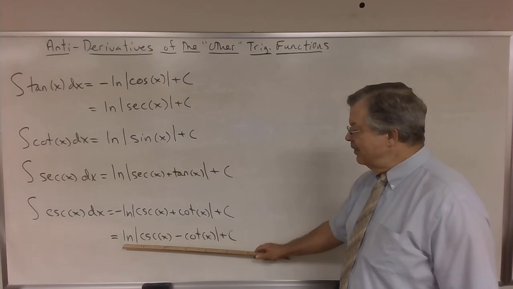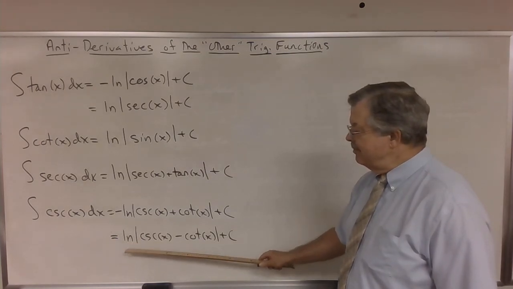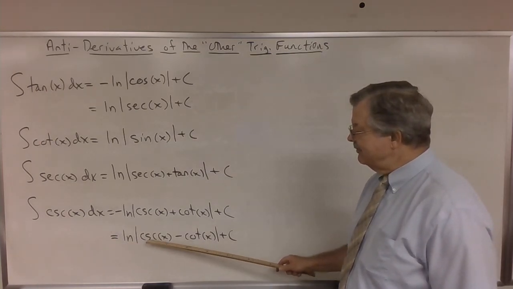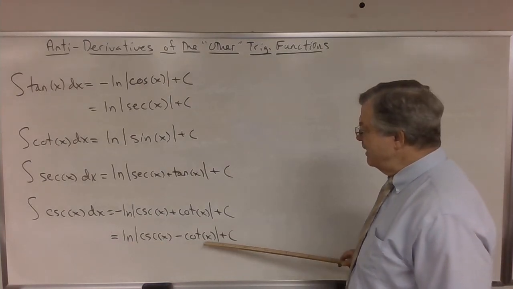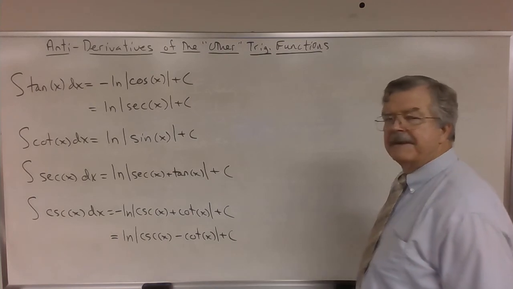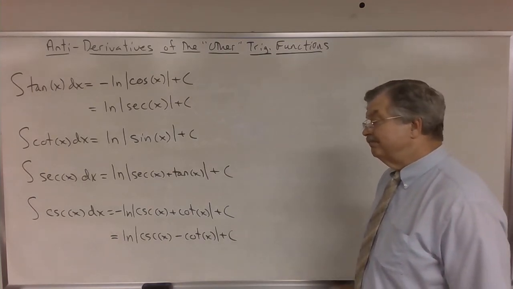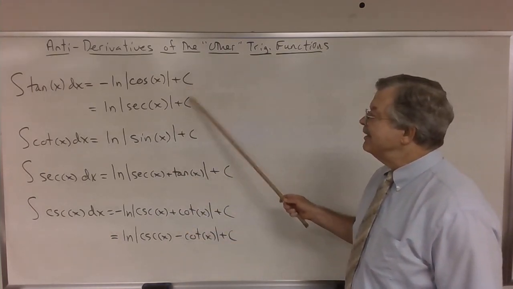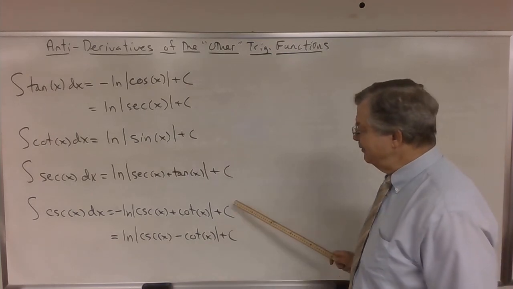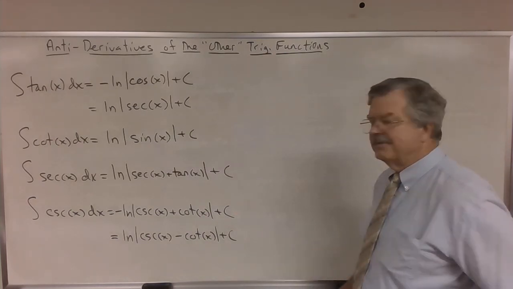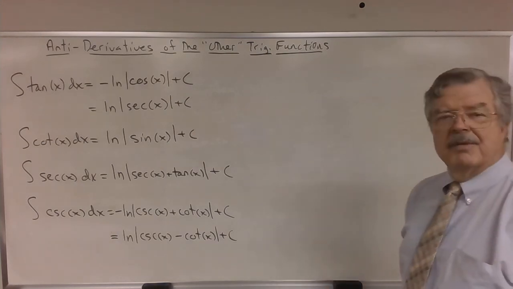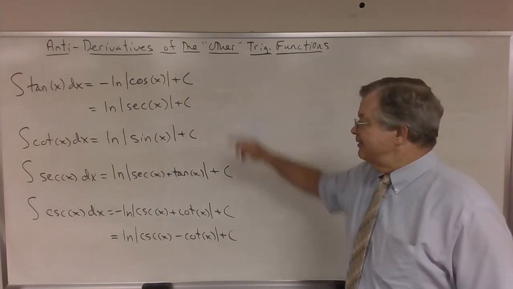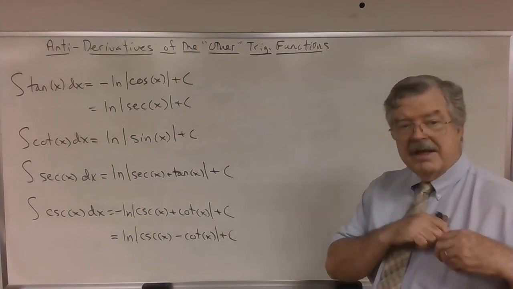Every other text in the world has this: positive natural log of cosecant x minus cotangent x plus c. We should be aware that both of these forms exist. We should know at least one, if not both, of the forms for tangent and cosecant.